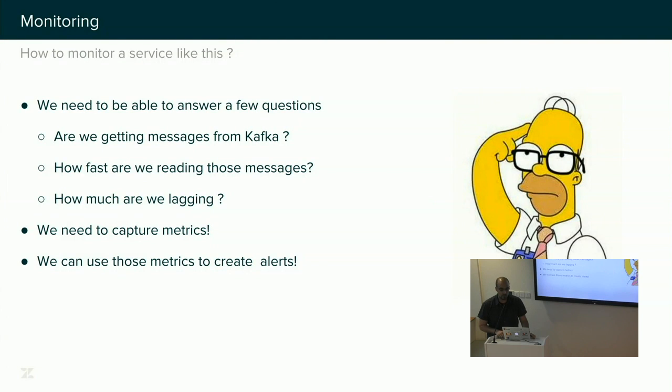At the same time, we also need to capture metrics to answer these questions, and we want to produce alerts. So if something in this system, which is built from so many loose components, is not behaving as expected, we want to be alerted and react as fast as possible.